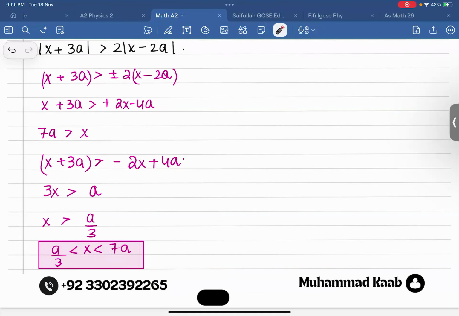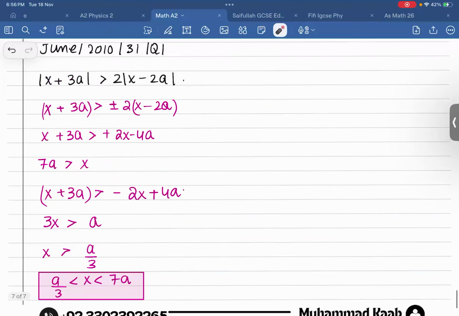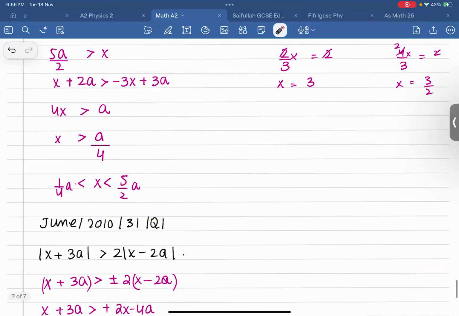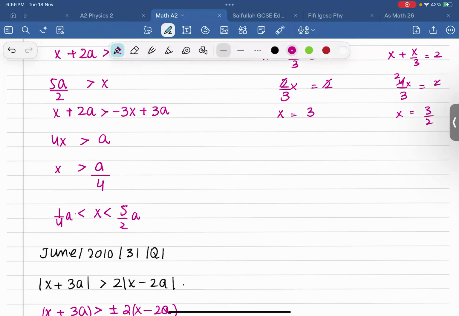अच्छा जी. So one more thing. Okay, last question. The last question is from June 26 and question number 2.